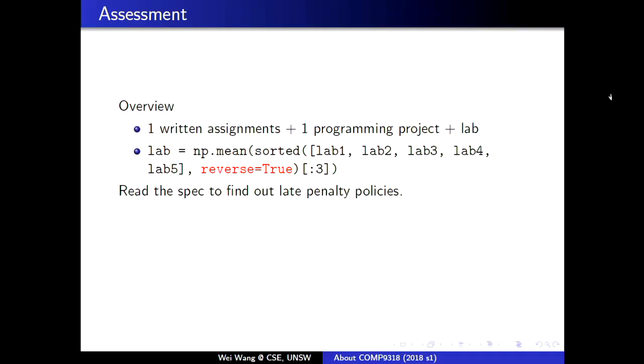If your goal is not really to get a mark but to learn something, you are more than welcome to try all the labs. If you got 100 in the first 3 labs, it doesn't matter if you didn't get the later 2 right, it doesn't affect your score. So that's like a safety measure.